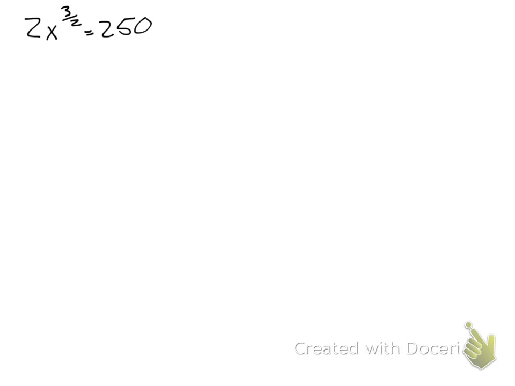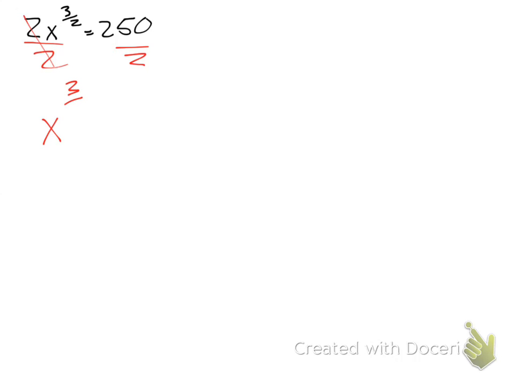Now, we don't necessarily have a radical here. Basically, how do I get rid of an exponent? And that's where I said earlier that you're going to take the reciprocal power of both sides. But to get that, you still need to isolate the variable that has the exponent on it, which means divide both sides by 2. So we divide by 2, and so these will definitely cancel.